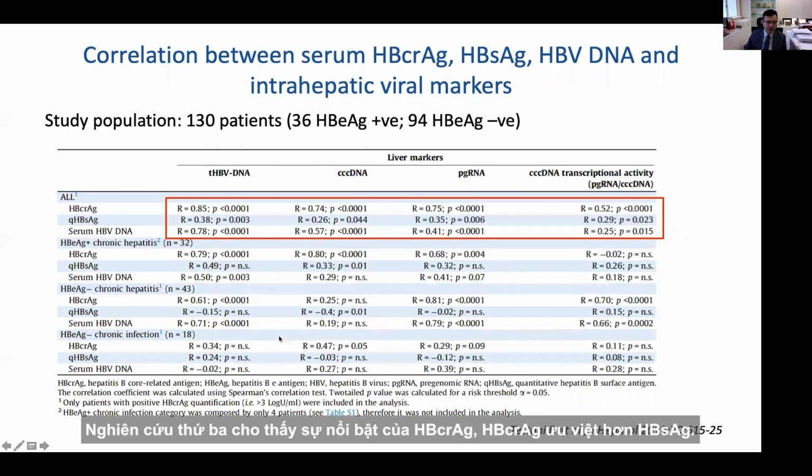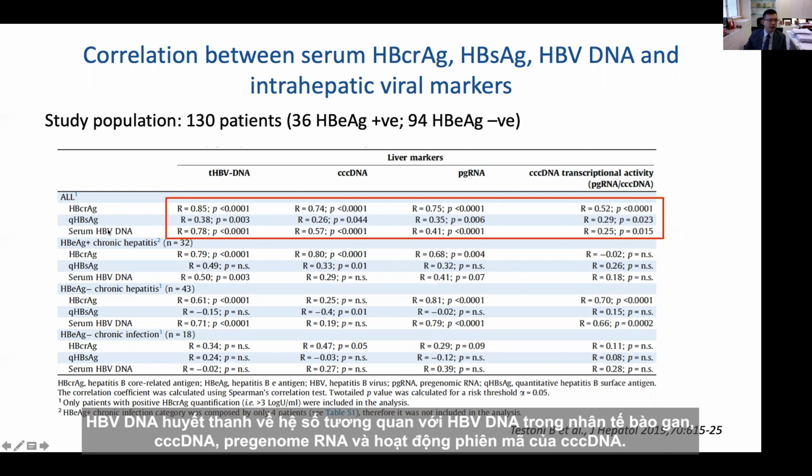A third study illustrates the superiority of core-related antigen in terms of correlation coefficients over serum surface antigen and serum HBV DNA to reflect the total intrahepatic DNA, the cccDNA, and also the pregenomic RNA, as well as the cccDNA transcriptional activities.